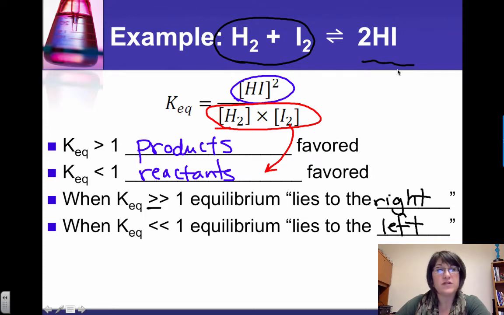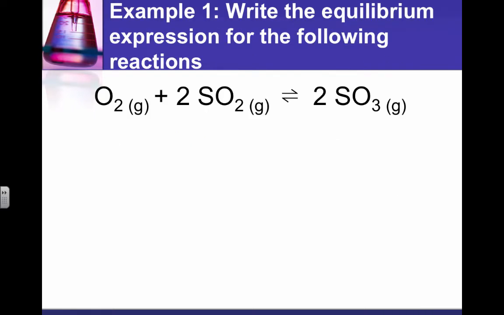For example, if we're given the reaction of oxygen plus sulfur dioxide, notice all of these are gases, so when I write this equilibrium expression, we're going to call it Kp. And in my Kp expression, I will put the pressure of the products, that would be sulfur trioxide, raised to the power of the coefficient in the balanced equation.